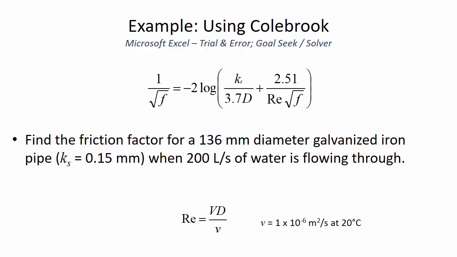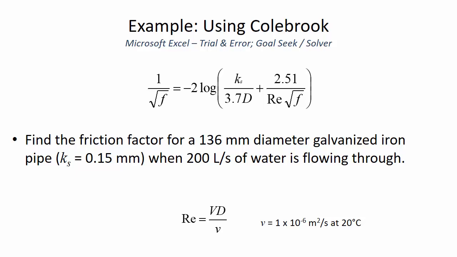Okay, so our Q is 0.20 cubic meters per second. The area is 0.01453 meters squared. So the velocity through this pipe is 13.77 meters per second. It's moving really quickly. That's fast-moving flow.